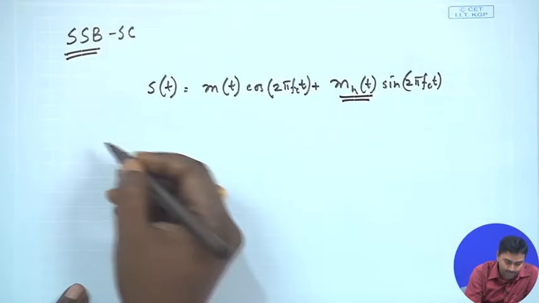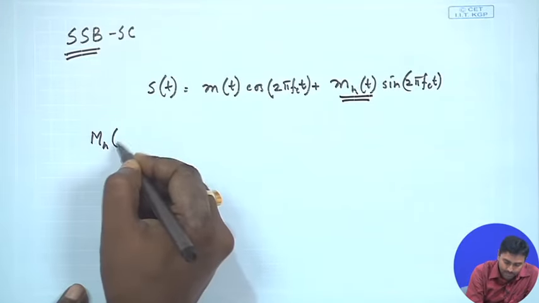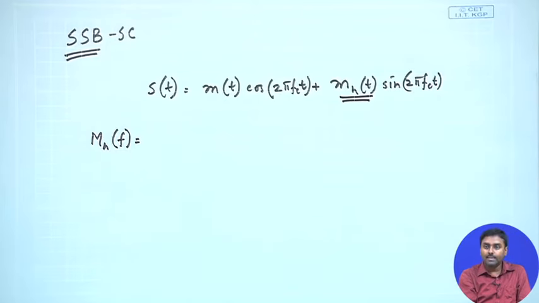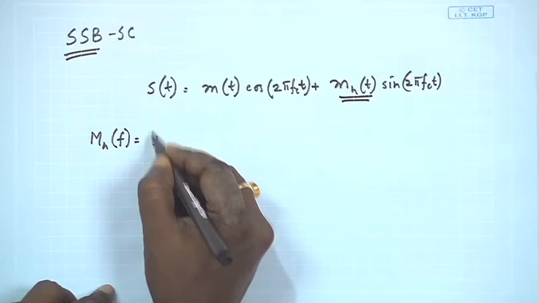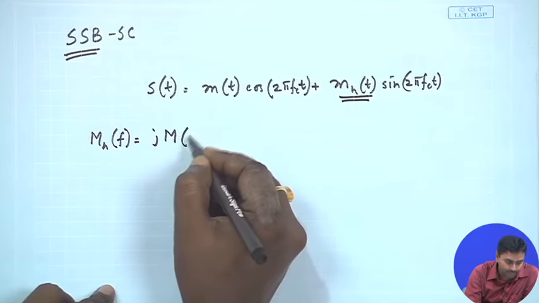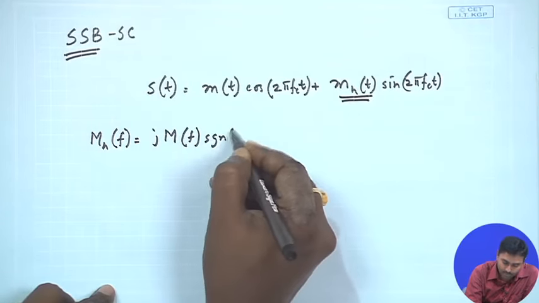The characterization of that is, if we write the frequency representation, or amplitude spectrum, of m_h(t), that is M_h(f), which we already know should be -j M(f) sgn(f).